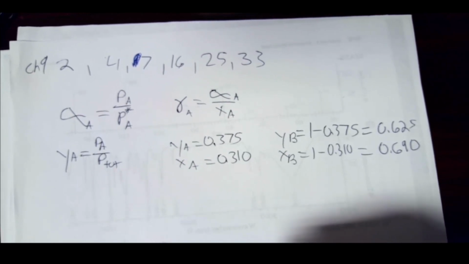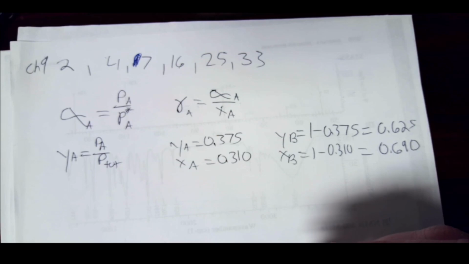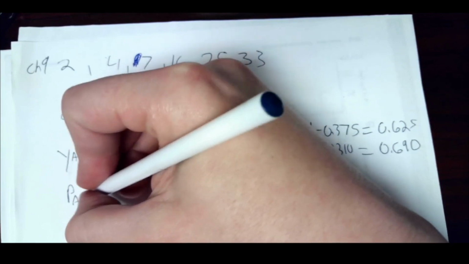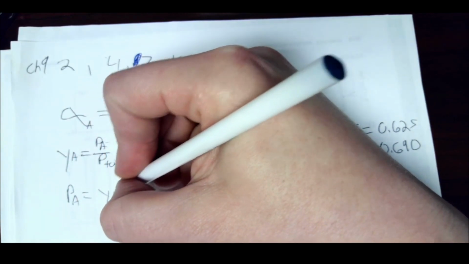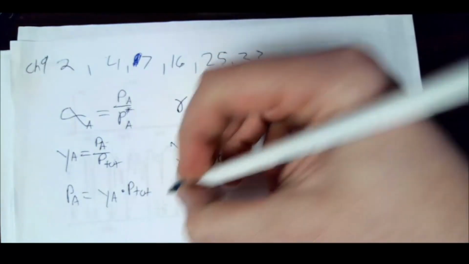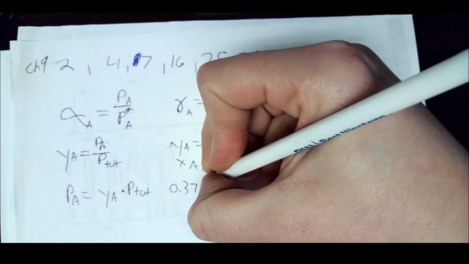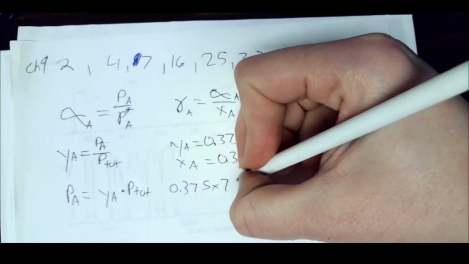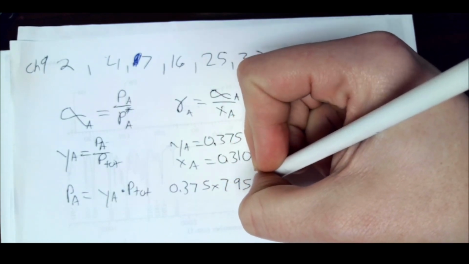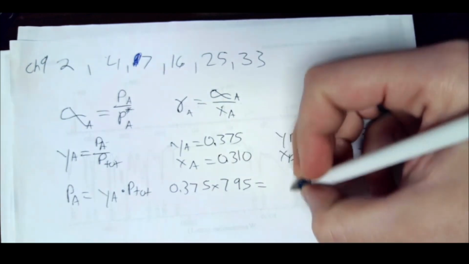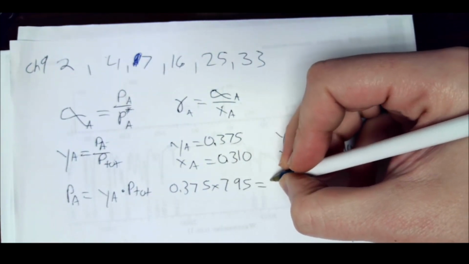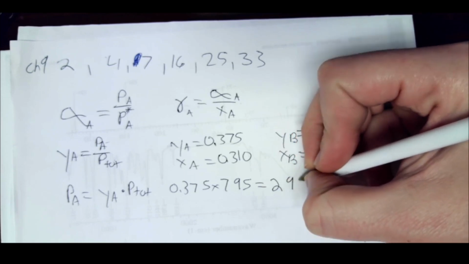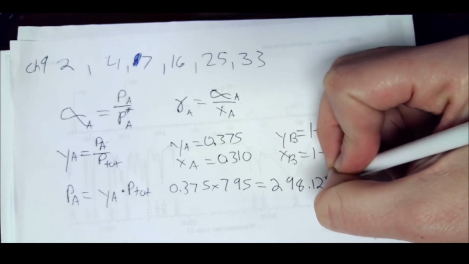Now, with this in mind, we need to find our individual pressure components to find out the activity. So, if I want to find the pressure of A, it's going to be our Y of A times our P total. So 0.375 times the total pressure of 795 that we were given at the beginning. If we multiply that out, we would have 298.125 torr.